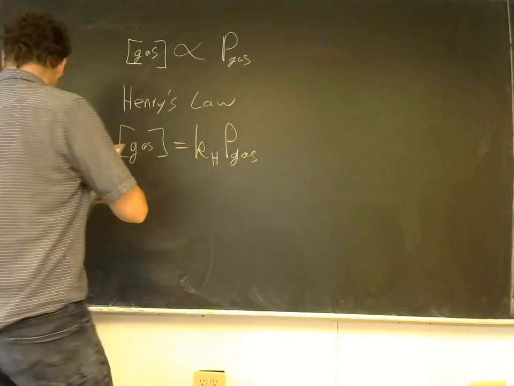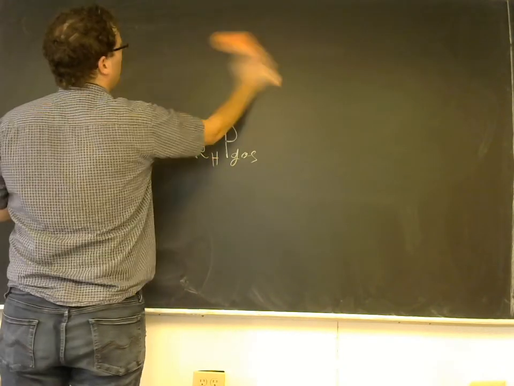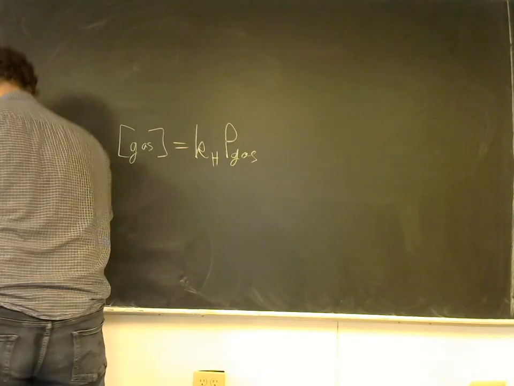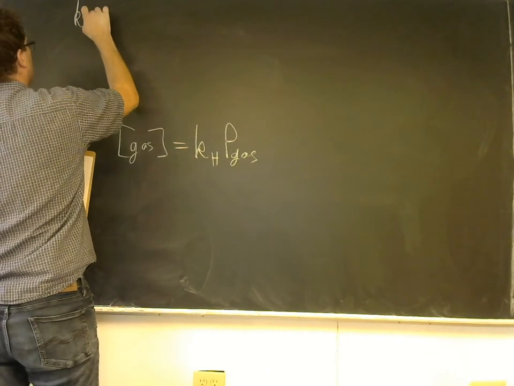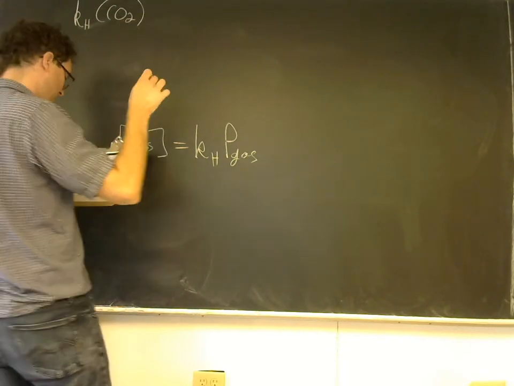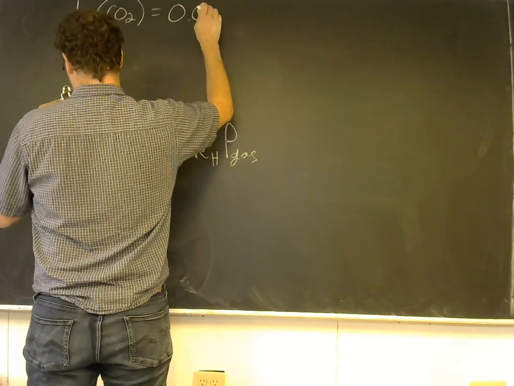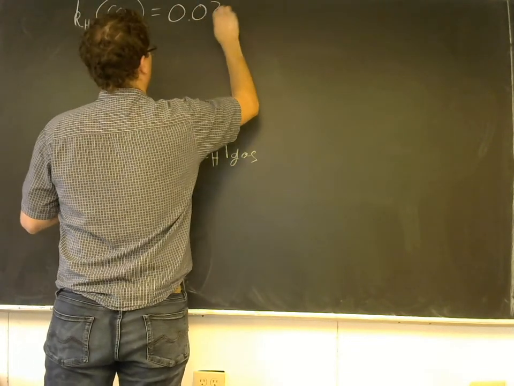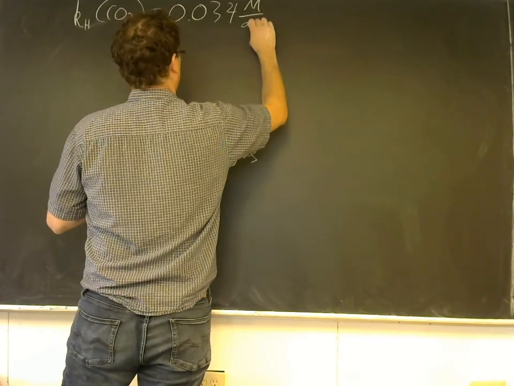So let's use Henry's law here and do a little bit of problem solving. So the Henry's law constant for carbon dioxide is equal to 0.034 molar per atmosphere.